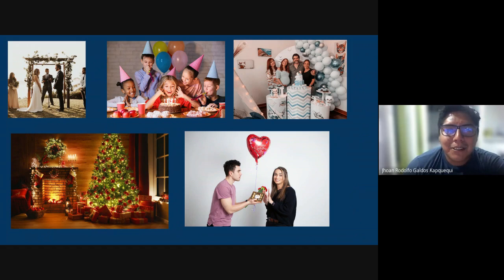In a birthday party, it's a very common tradition to bring a gift or a present for the birthday person. In a baby shower, you usually prepare a present for the baby that is about to be born. In Christmas, in most of our cultures, we have gotten used to giving presents to children and to people that are special to us.